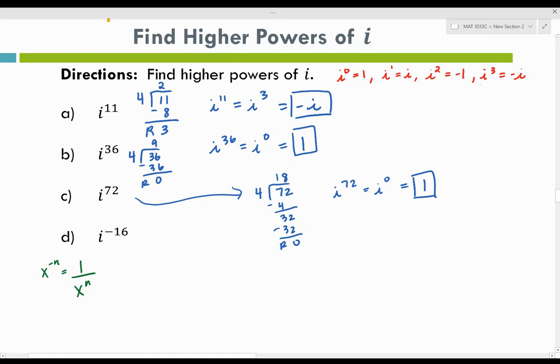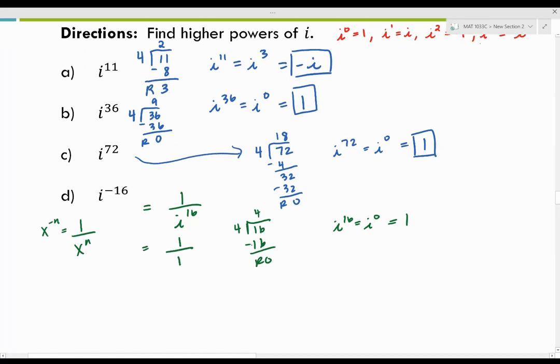So instead of i to the negative 16th power, we're going to say 1 over i to the 16th, and our rules still apply. We take 16 and divide by 4. 4 goes into 16 evenly 4 times. We subtract, and our remainder is 0. So i to the 16th is equivalent to i to the 0, which is 1. In our problem, that means we have 1 over 1. We just found out that the denominator equals 1, and 1 over 1 is 1.